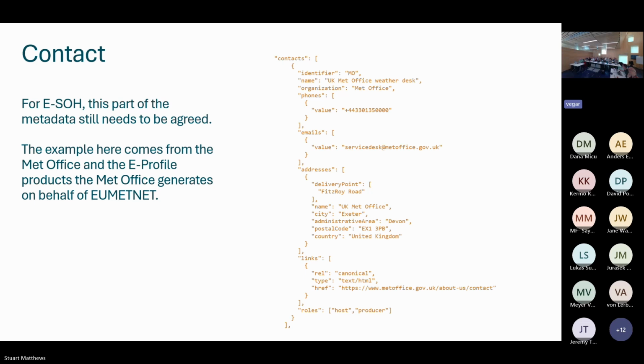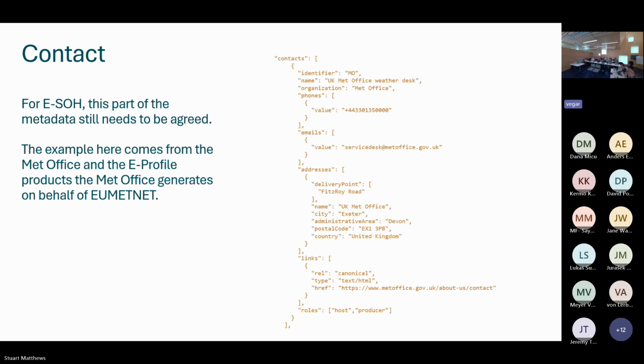So if you're subscribing to this, if things go wrong, who would you contact? As far as ESO is concerned, we need to do a bit more work on this and put in details in here. The example I have on the right is actually not to do with ESO, it's to do with the eProfile product I mentioned earlier on.